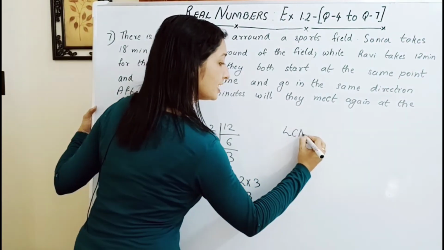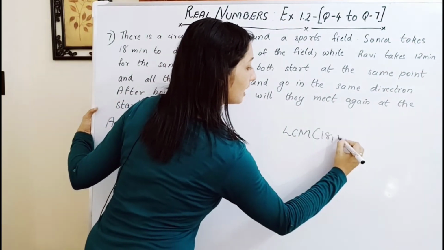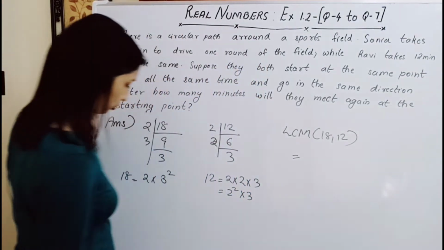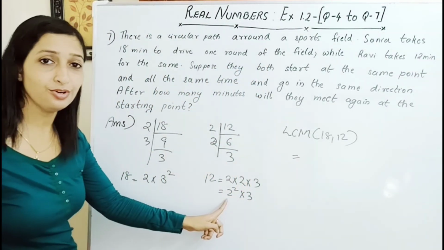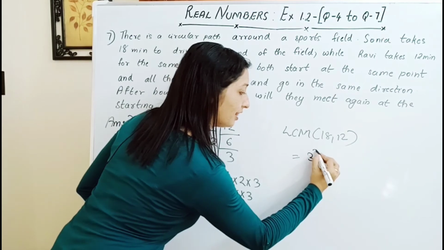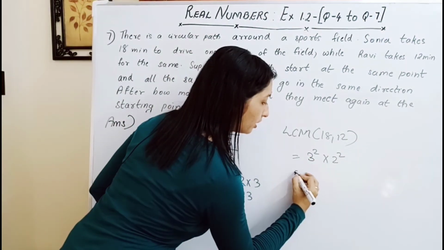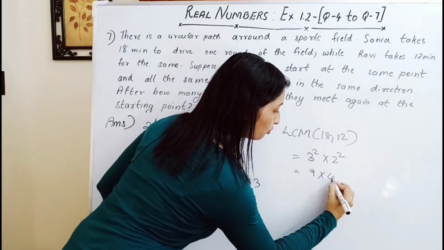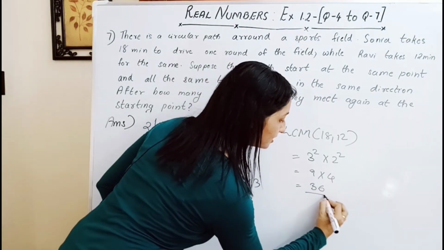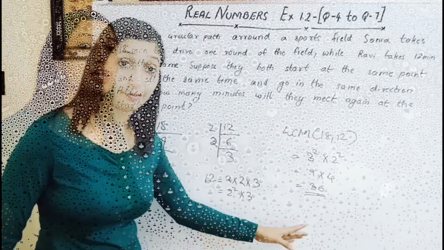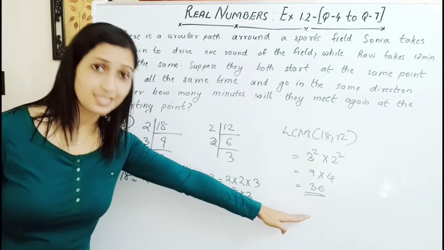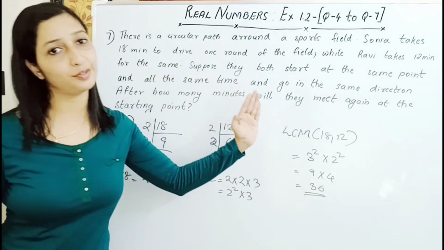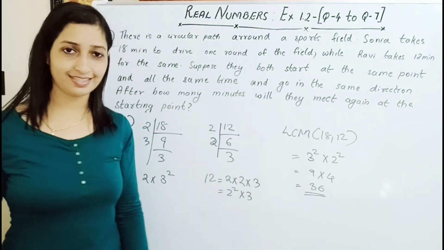Therefore, LCM of 18 and 12 is equal to 3 square into 2 square, which is 9 into 4, which is 36. Therefore, at 36 minutes, Sonia and Ravi will meet again at the starting point.